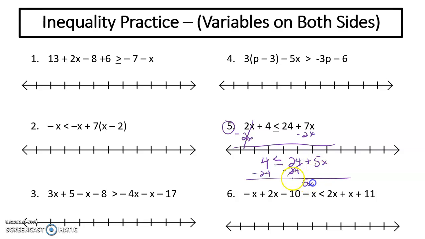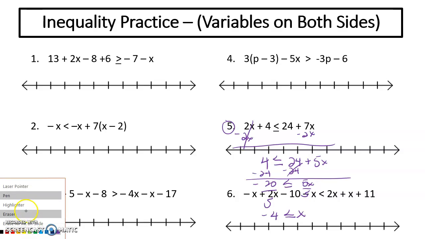I have 5x left here. 4 minus 24 is going to give me negative 20. Divide by 5, and I get negative 4 is less than or equal to x, which I can reread as x is greater than or equal to negative 4.